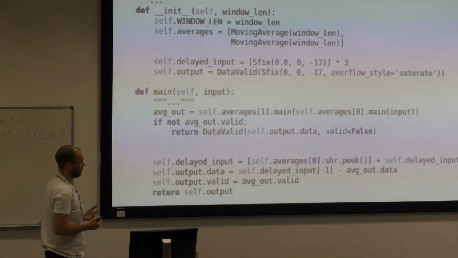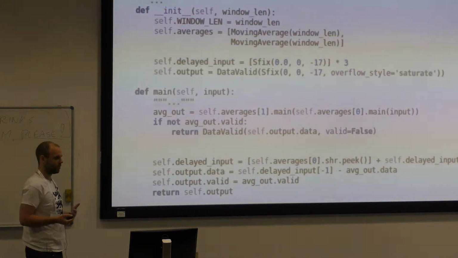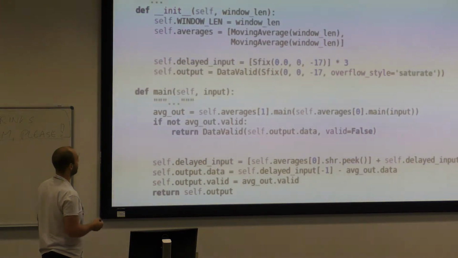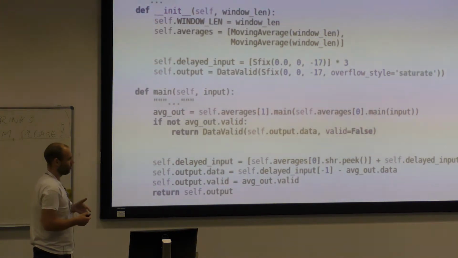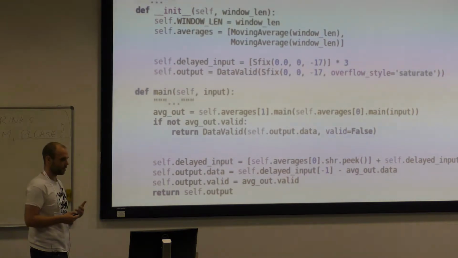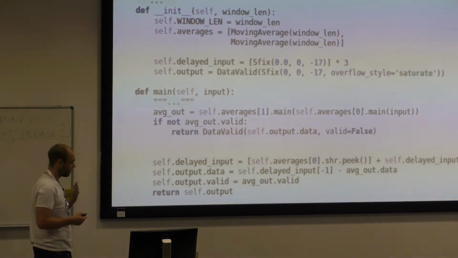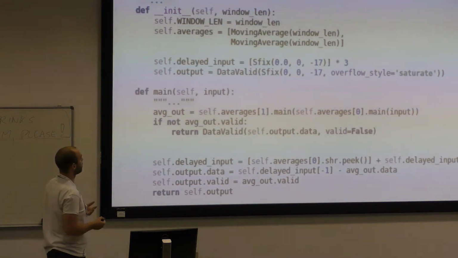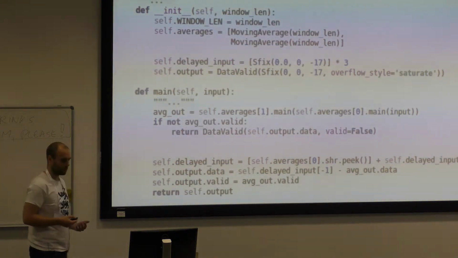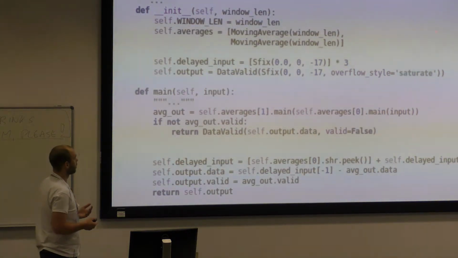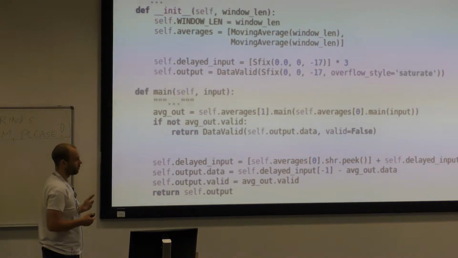Because you have data, it is memory, it has to be a register. So what we are doing here, actually, we are defining all the registers in the design. So, for example, we have a list of two moving averager objects that are defined exactly the same way. So it's an easy way to reuse your blocks.